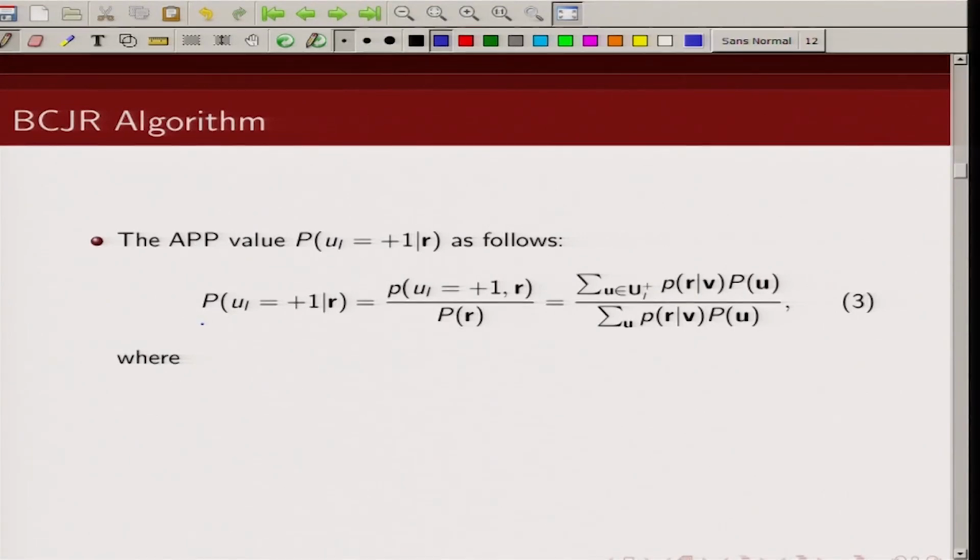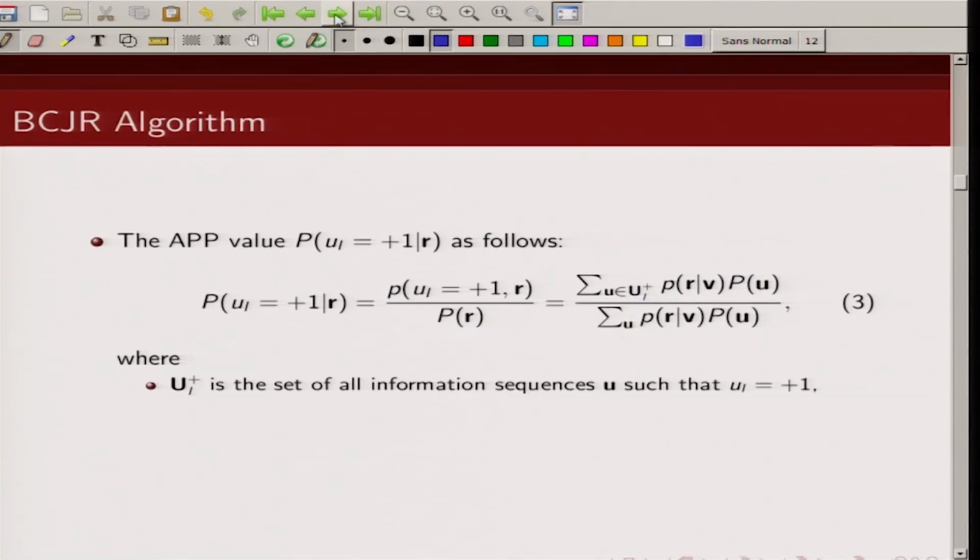So, let us look at this probability of U_L being plus 1 given the received sequence R. This can be written as the joint probability of U_L being plus 1 and received sequence R, divided by the probability of receiving this R. This joint probability can be written as the probability of R given V multiplied by the probability of U, summed over all input sequences that belong to the set where U_L is plus 1.